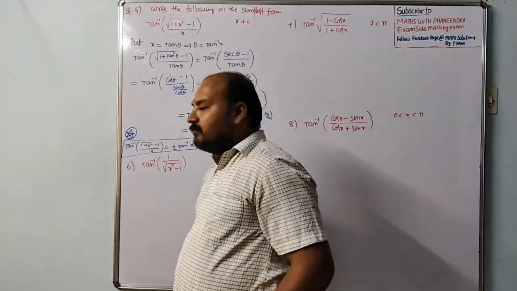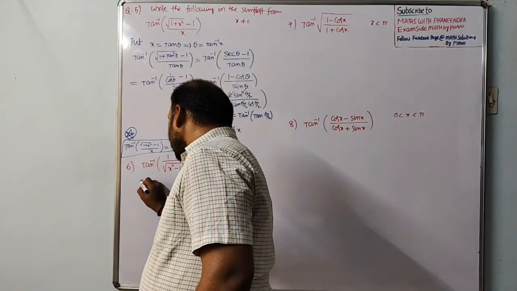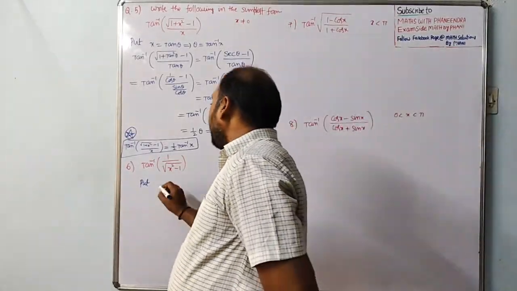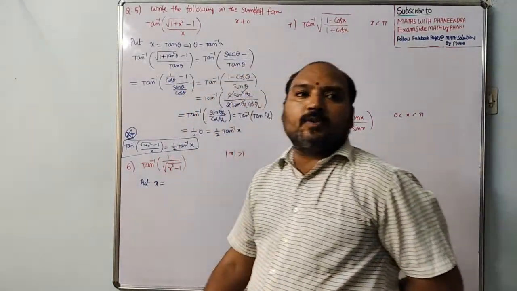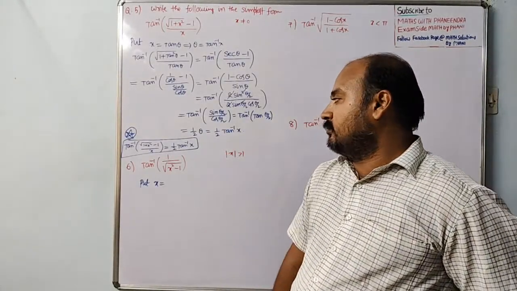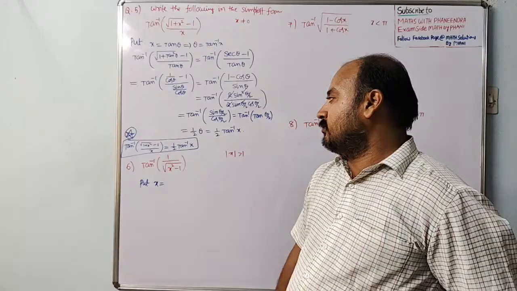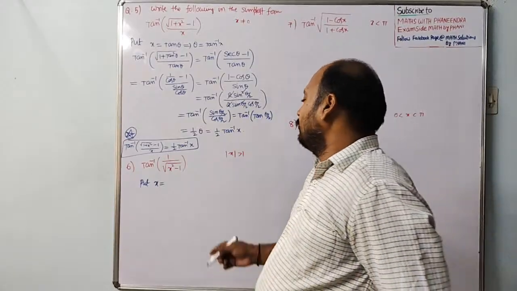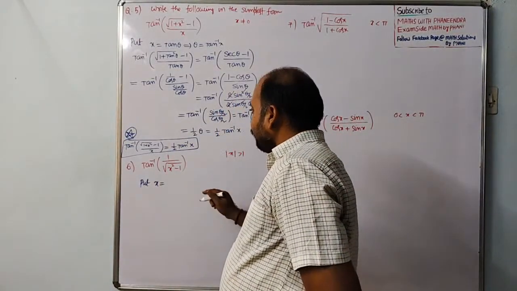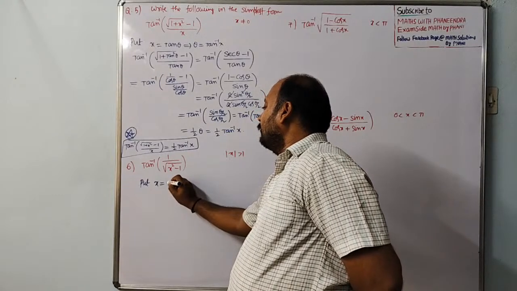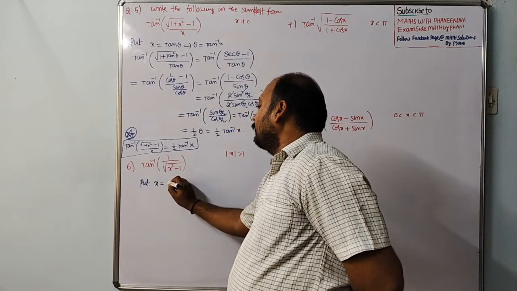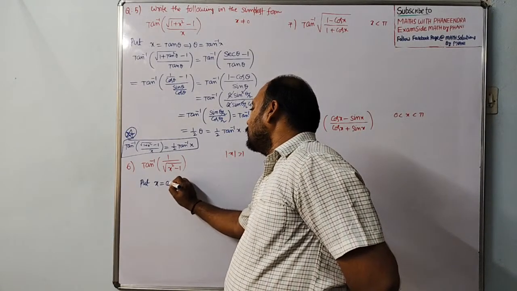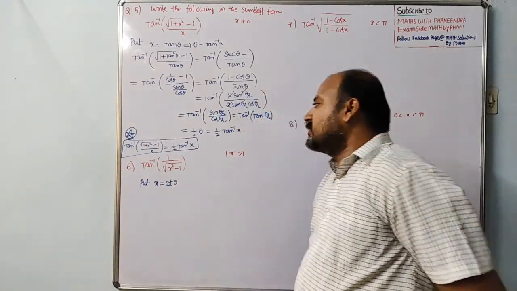Now come to here. Put x is equal to secant theta. Suppose cot theta, if you take, what happens?